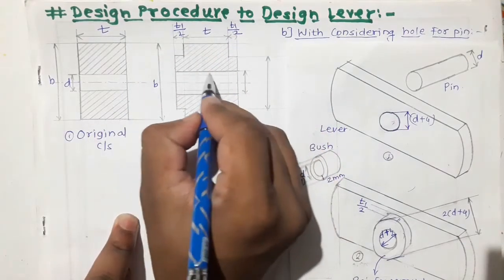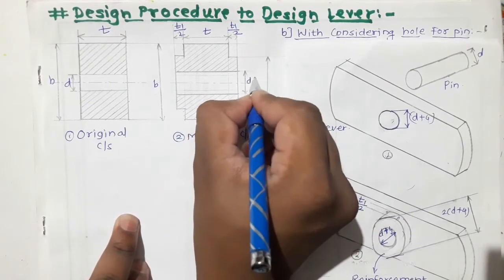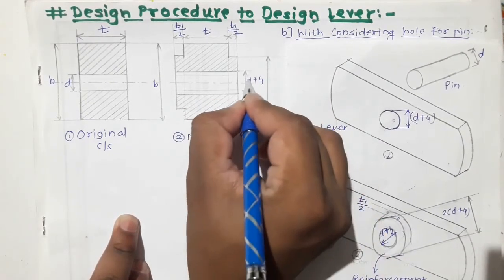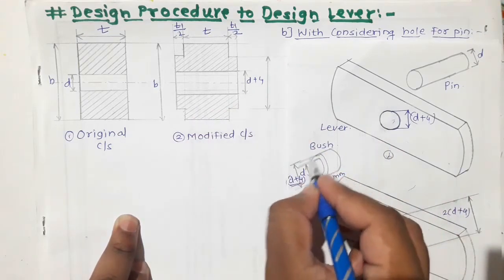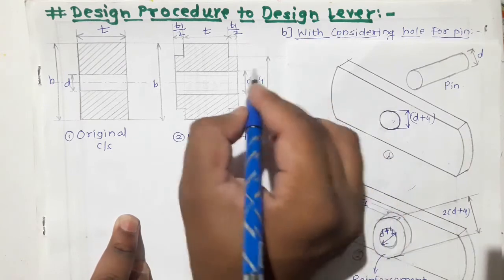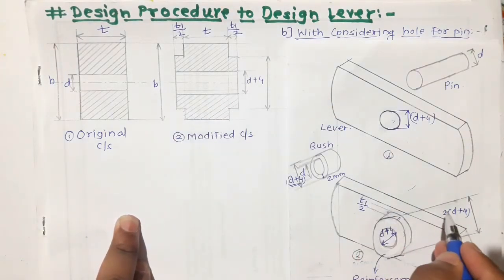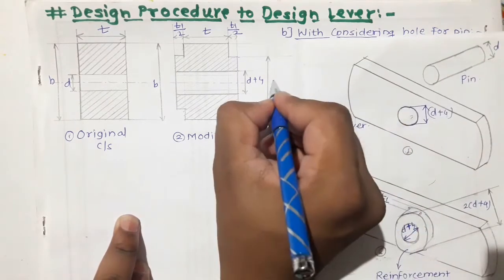Then this is the inner diameter of the hole. We know that it is d plus 4 because we have to fit a bush of outer diameter d plus 4 into this hole. Then the diameter of this ring type structure is twice d plus 4.